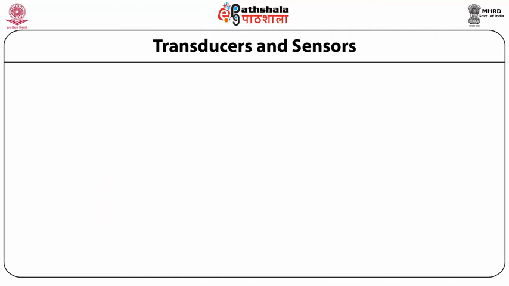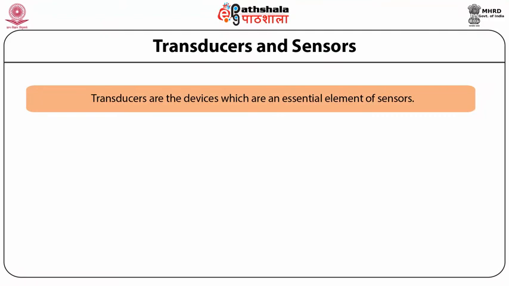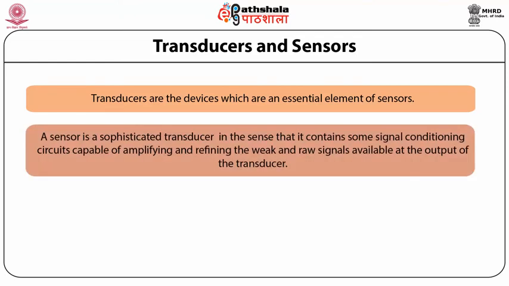Transducers and sensors. Let us compare the two. Transducers are the devices which are an essential element of sensors. So, a sensor is a sophisticated transducer in the sense that it contains some signal conditioning circuits capable of amplifying and refining the weak and raw signals available at the output of the transducer.